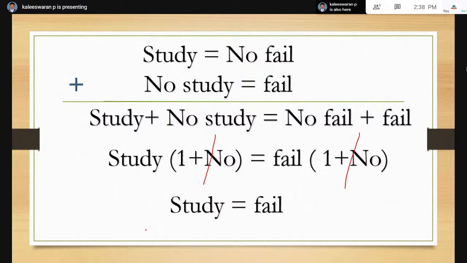If you are going to learn one topic, after that you should search where it is applicable. Okay, this is the equation for aptitude. Finally, you will get study equal to fail. Don't study, try to understand. It will help you to improve your mathematical skill.